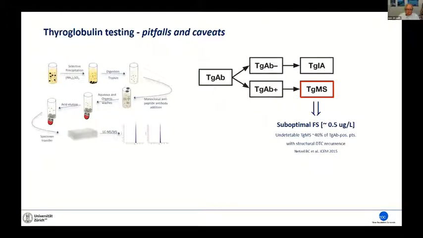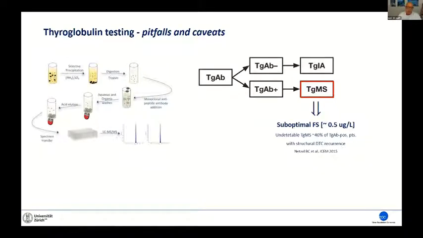As already mentioned, tandem mass spectrometry is a very interesting alternative in measuring thyroglobulin, as it is completely free from interferences from thyroglobulin antibodies and other antibodies.